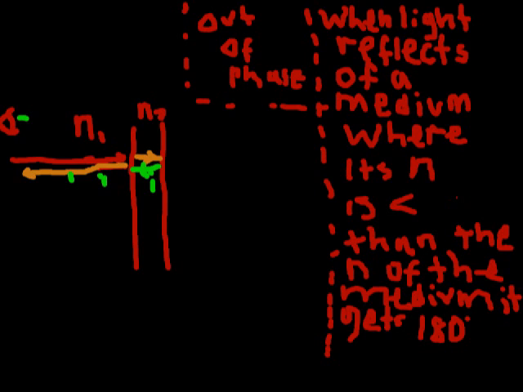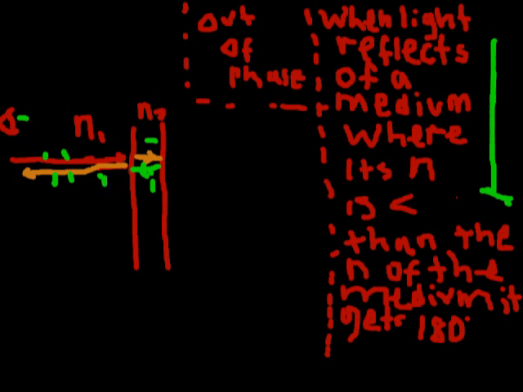Now, knowing this, what do we already know? If this red light hits this thin film and reflects back, and this thin film has a greater index of refraction than the air, the outgoing reflected light would be totally out of phase with its original path.